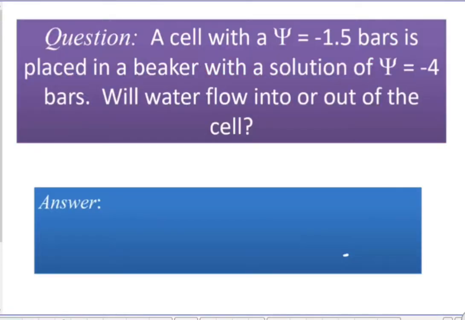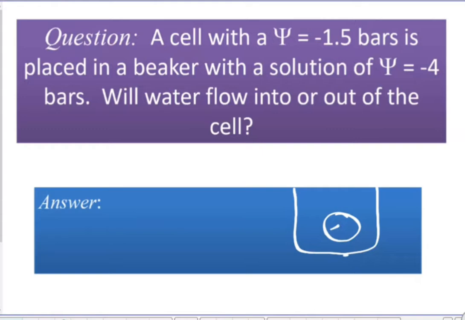And it's almost never going to be as simple as just calculating your water potential. You need to be able to determine if water is going to flow into or out of your cell. And what I strongly suggest you do is draw a picture. If you draw a picture, I feel like you're more likely to get it right. So what I'm doing here is sketching out my beaker, and then inside my beaker I'm going to draw my cell.